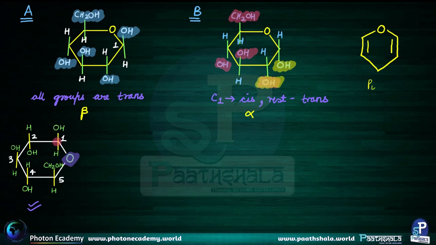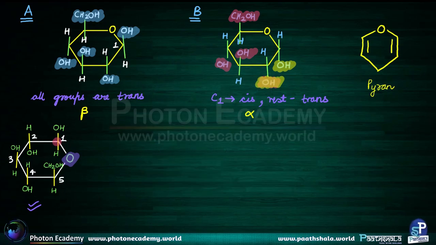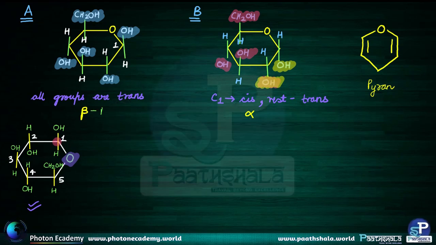Now this is a six-membered ring. These two, A and B, are also six-membered and have also got an oxygen at this place, similar to pyran. So these A and B structures that we are forming now are similar to pyran. So now I can extend the name a little further and call this beta D, because it was D glucose, beta D glucopyranose.